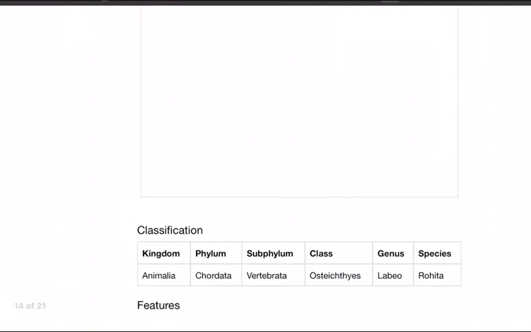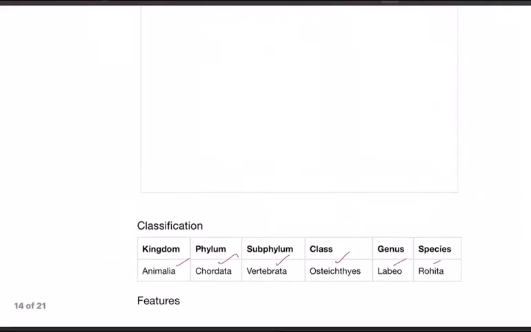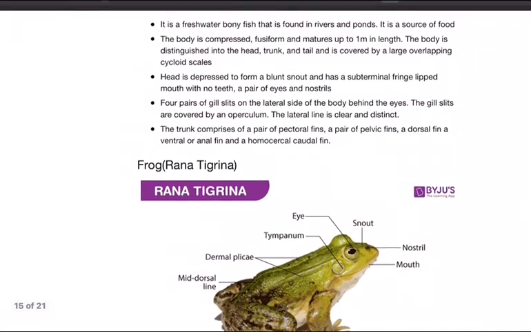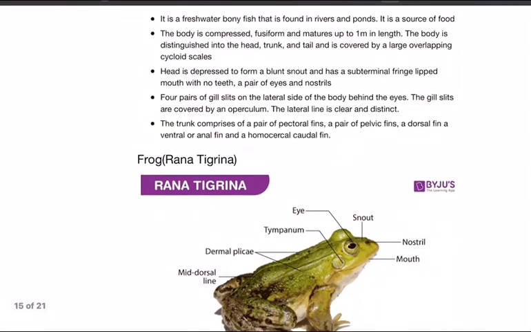Next, we go for rohu, Labeo rohita. Again, classification: Animalia, Chordata, Vertebrata, Osteichthyes. Osteo means bone, bony fish. Genus Labeo, species rohita.